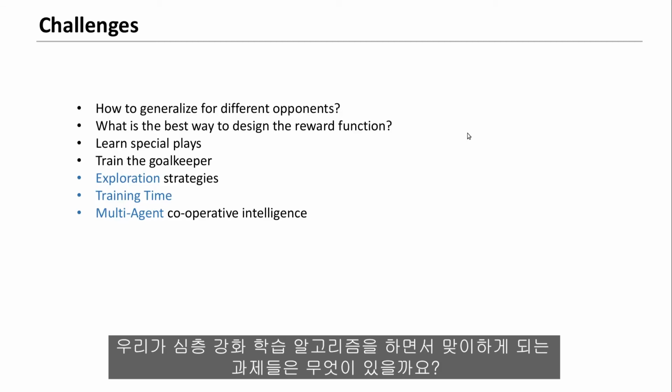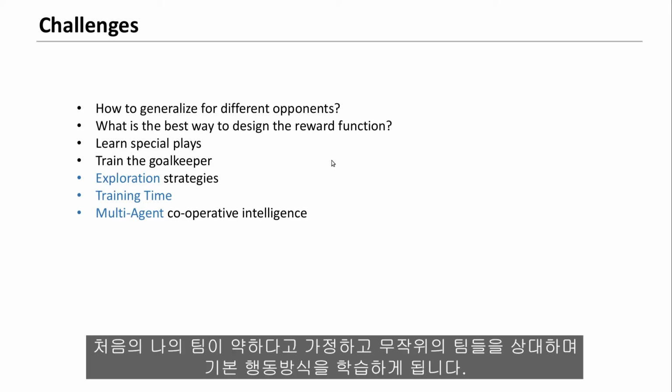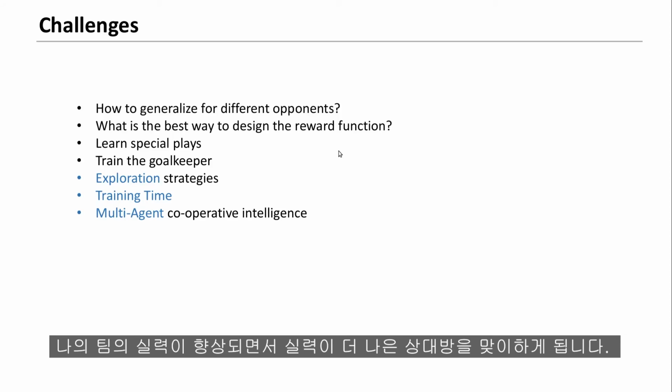What are the challenges of developing deep reinforcement learning algorithms? So the first one that I present is how to generalize for different opponents. At the beginning of the training, when our algorithm is really bad, we should play against a random walk, so we have freedom to learn some basic behaviors. But as we get better, we also need better opponents.